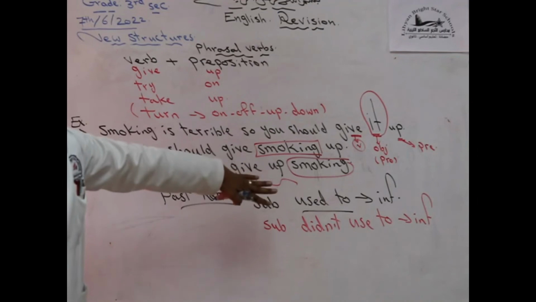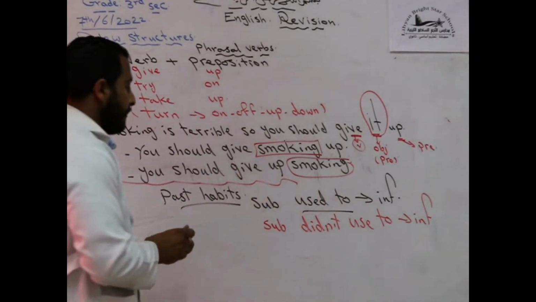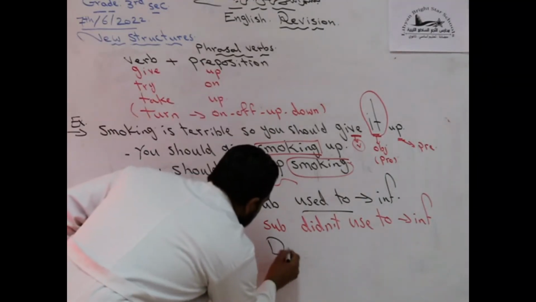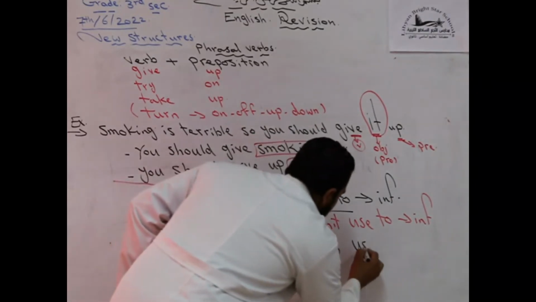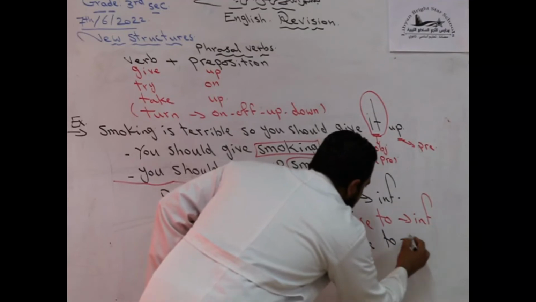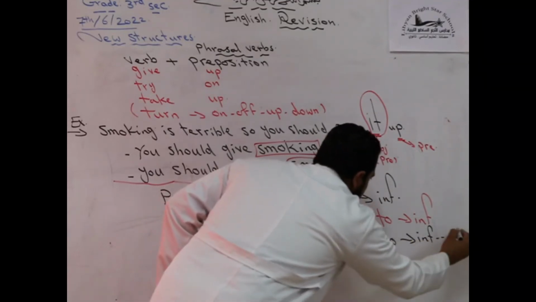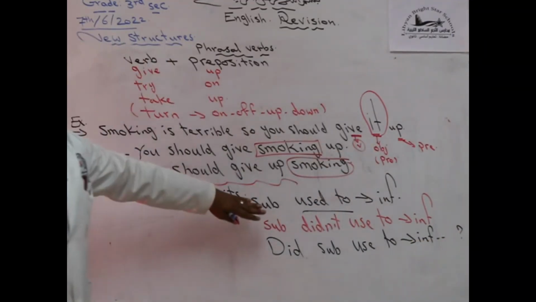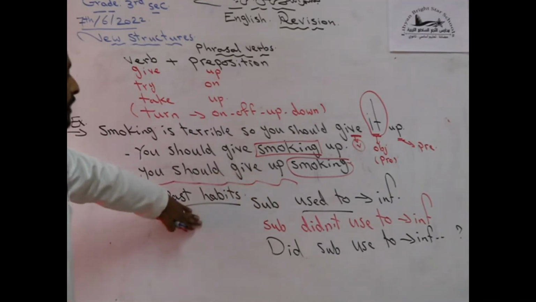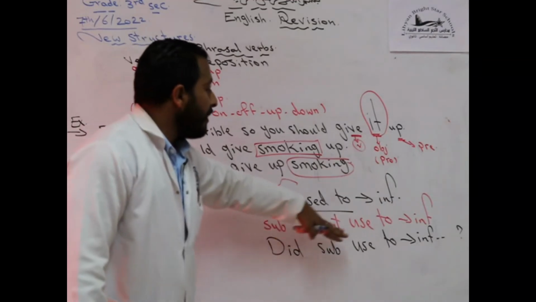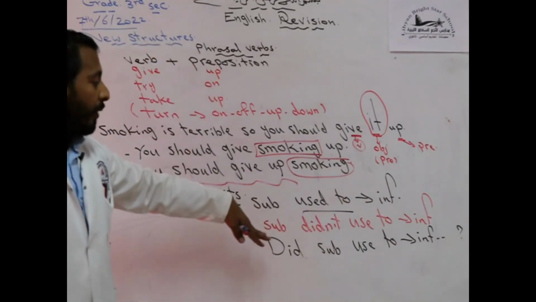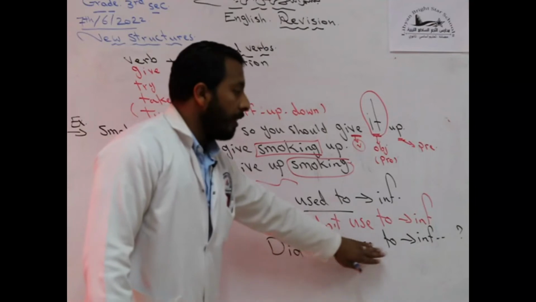How to form a question using used to? Did, subject, use to, infinitive form. This rule is very, very important. To talk about past habits, we can use used to. In the negative form, didn't use to. To form a question, we can use did, subject, use to.